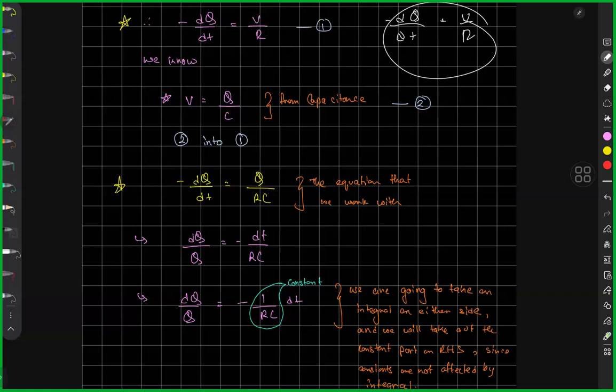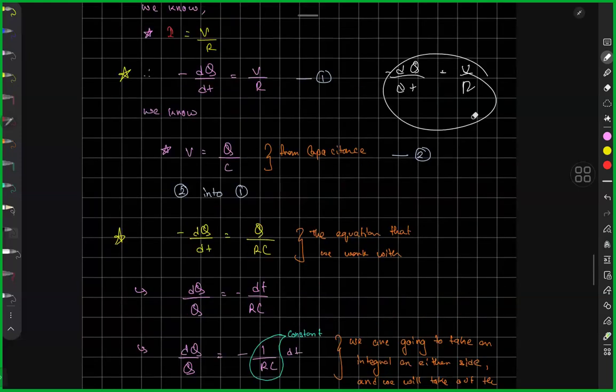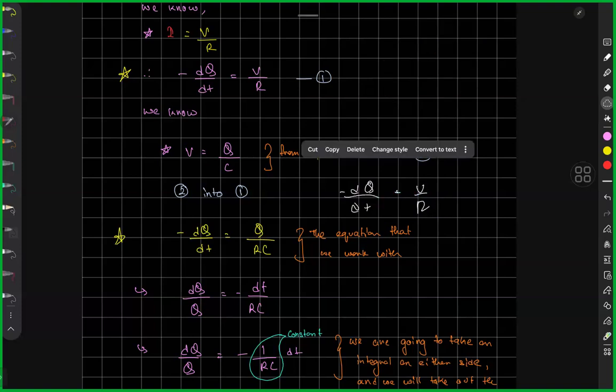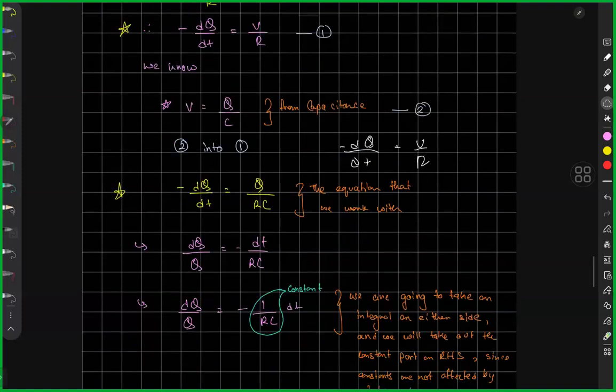No. Okay, I'll just continue. Now, if this is the equation that I have ultimately when I'm joining both of these equations, what do we do next? We're basically going to move the negative sign to the other side and take this dt to the other side as well. Okay.